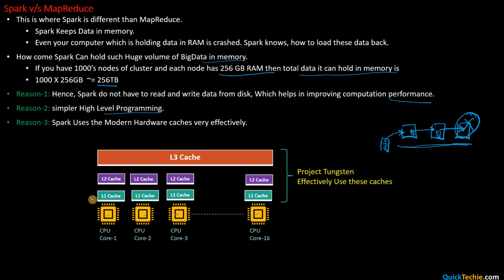Each core has its own cache, L1 cache and L2 cache, and the L3 cache is shared across all cores. There is a huge improvement done in Spark to use modern hardware, and that is done through Project Tungsten, which we will discuss in the next session. It helps to use modern system memory management very effectively. So Spark has done a lot of work around this to make the system highly performant for computation.